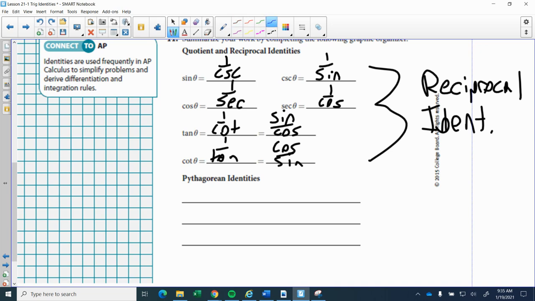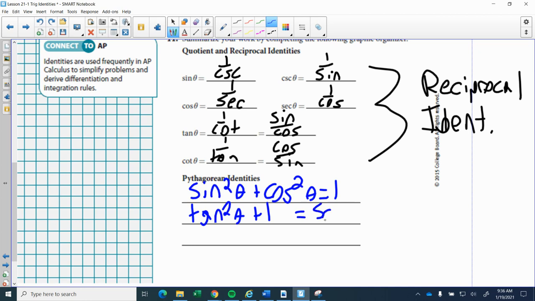And then down here with our Pythagorean identities, we have 3 total. We have sine squared of theta plus cosine squared of theta equals 1. We have tangent squared of theta plus 1 equals secant squared of theta.